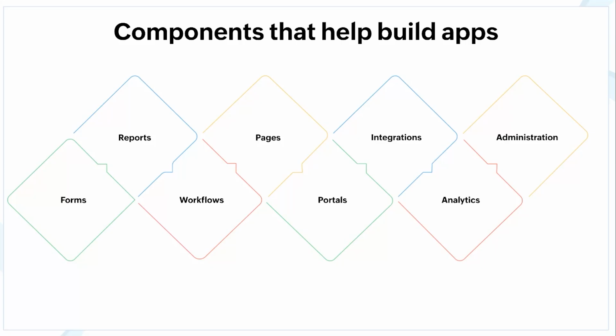Pages help you create dashboards and visualization. Portals allow external access for stakeholders. Integrations connect your apps with Zoho and third-party systems. Analytics lets you create dashboards without writing code, and user profiles let you manage access and permissions.